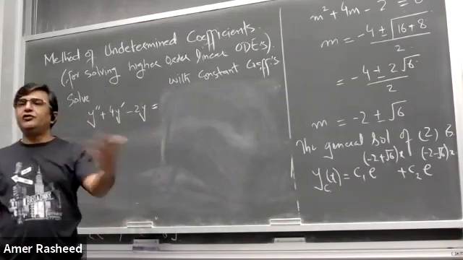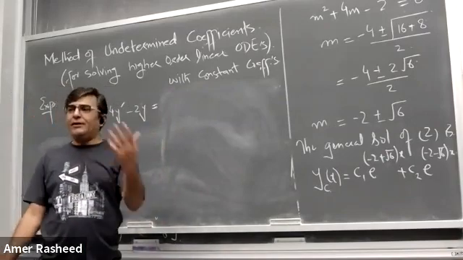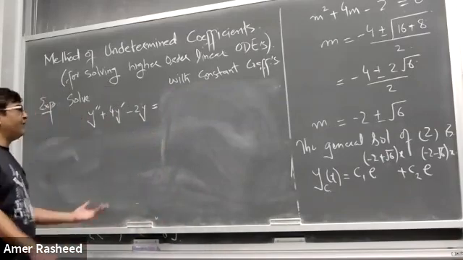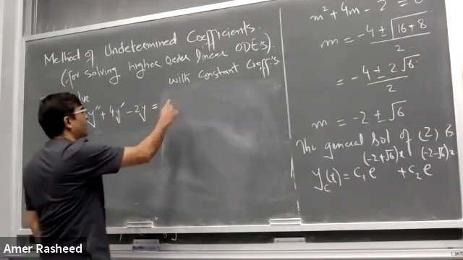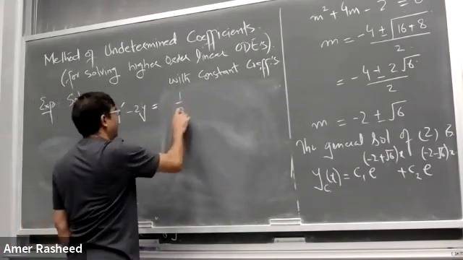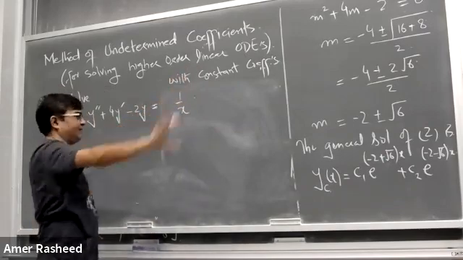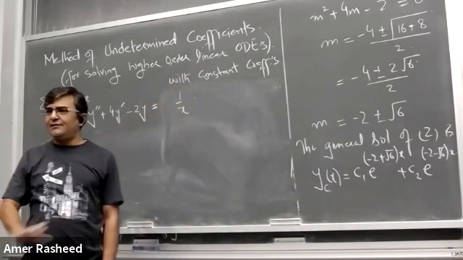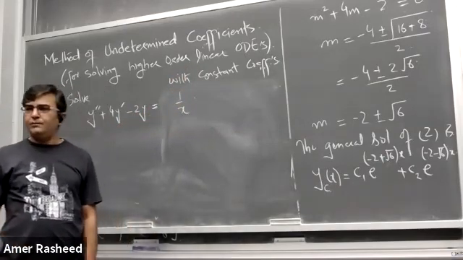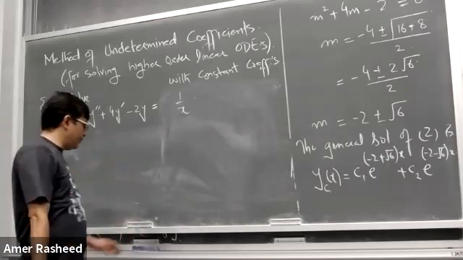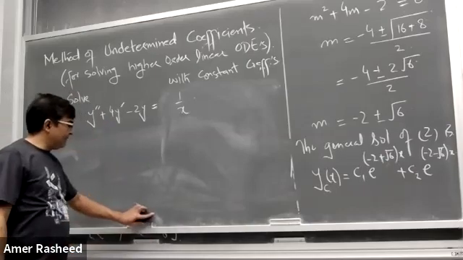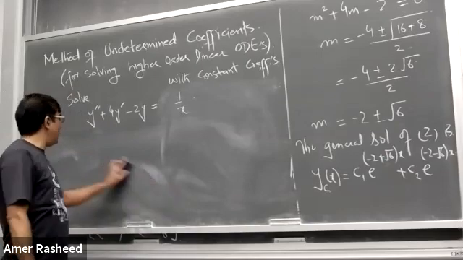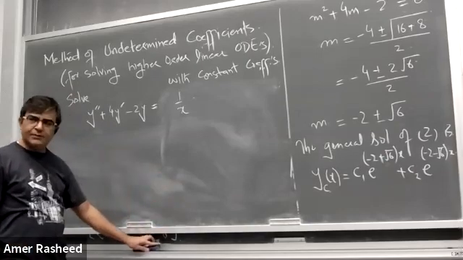For that, we use the method of variation of parameters. For example, if we have 1 over x here, then this method fails and cannot give us any solution. I have given you examples of functions where this method fails in the previous lecture.